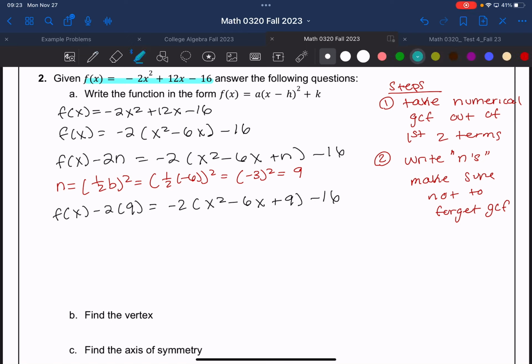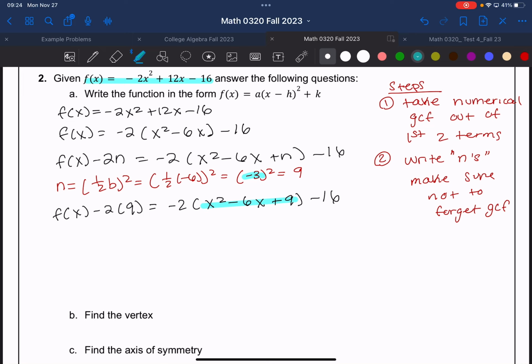Okay. Now I can reduce this as a perfect square. What number is going to go there when I rewrite this as a perfect square? Remember, it comes from my n equation. It's going to be that -3. So it's whatever the number is before I square it.